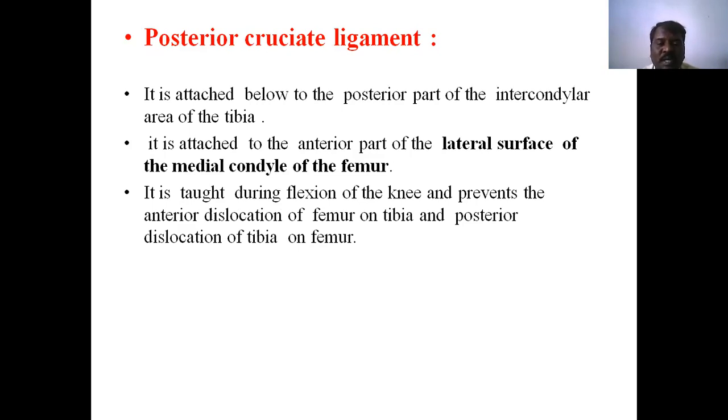These two look like a crossing, like a multiplication mark, and during flexion of the knee joint, the posterior cruciate ligament becomes tight and prevents posterior dislocation of the femur on the tibia.